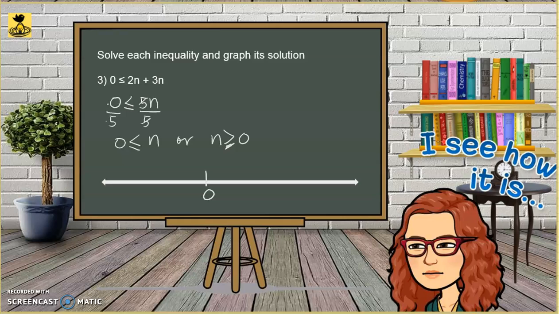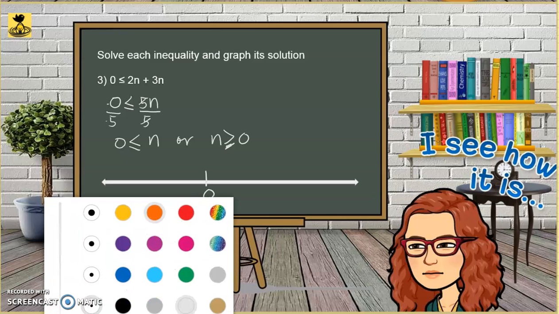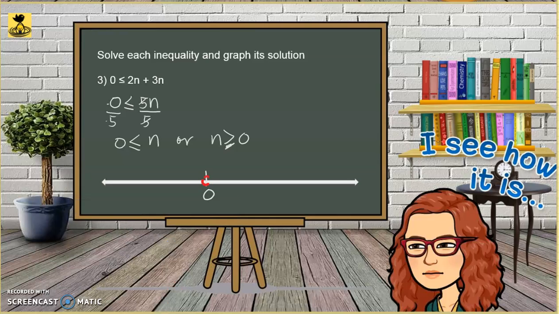Because of the symbol equal, it means 0 is included in the solution, so we will use a solid circle or a closed circle, and greater than indicates that you will go to the right. The direction is to the right of the number line. So this is the graph of number 3.